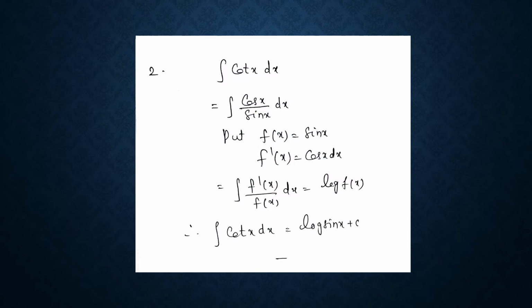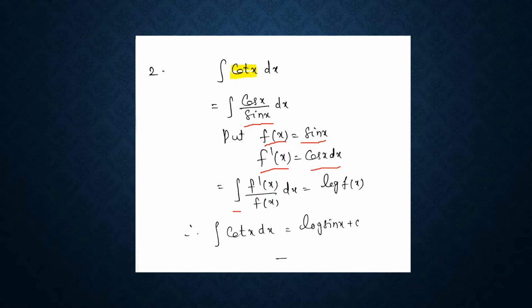Next, coming to the next problem. Similarly, we will find the formula for integral cot x dx. Here cot x can be written as cos x by sin x. Let us take the function f of x is equal to sin x, the denominator. Then what is its derivative? F dash x is equal to the derivative of sin x, which is cos x dx.